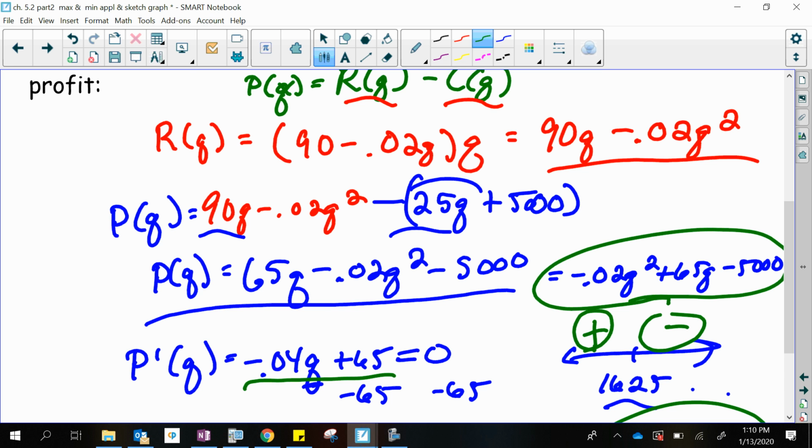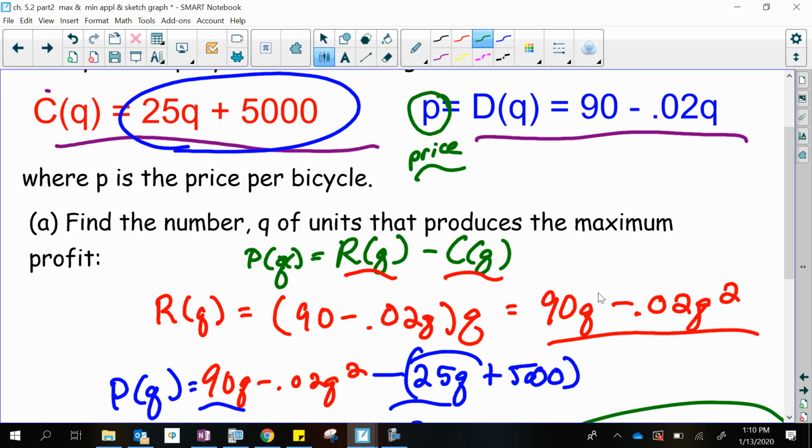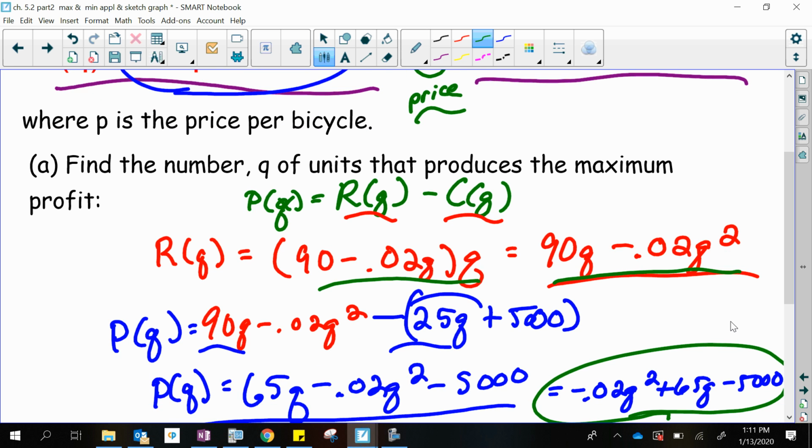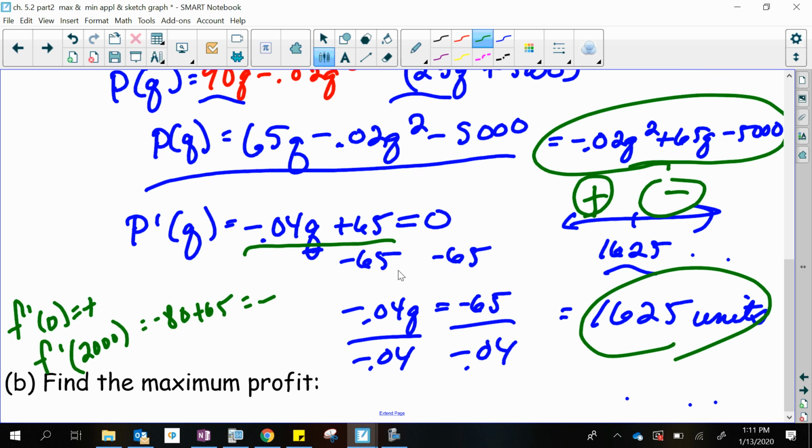Yes, because just to recap, since we just got back from lunch, we used our price equation, multiplied it by Q to make that a revenue equation. Then we subtracted the revenue minus the cost to give us a profit equation. And that's the one that we manipulated to find the maximum units.